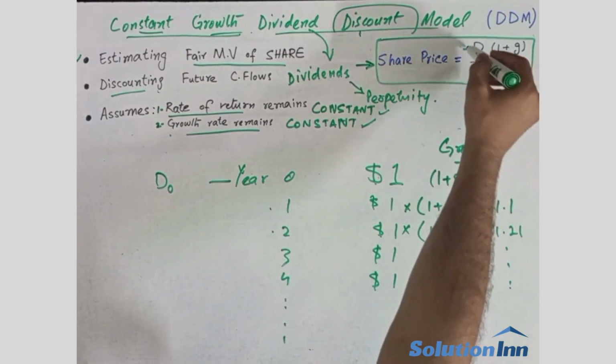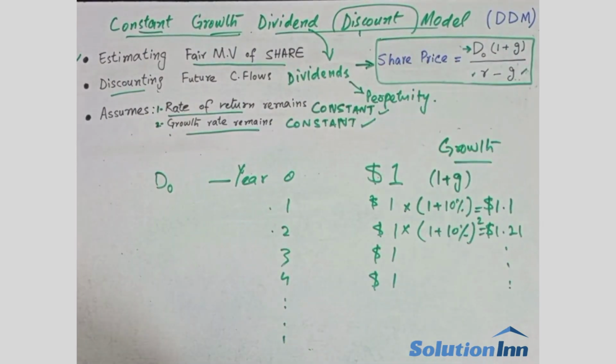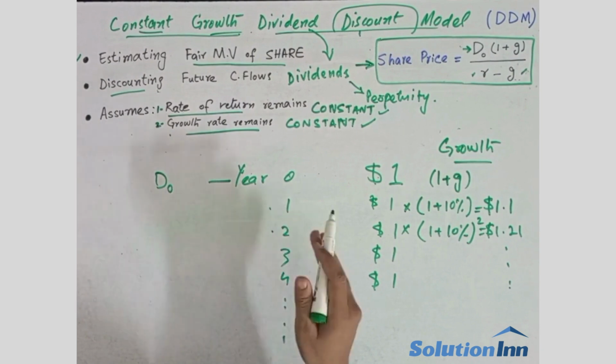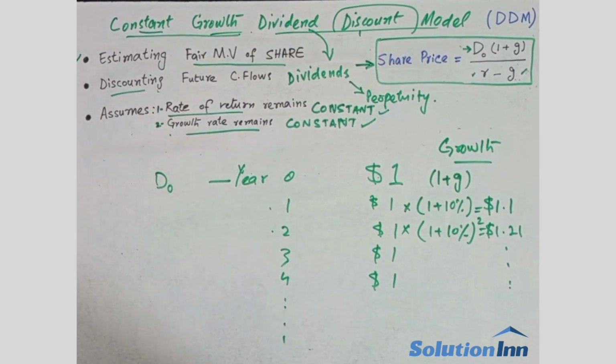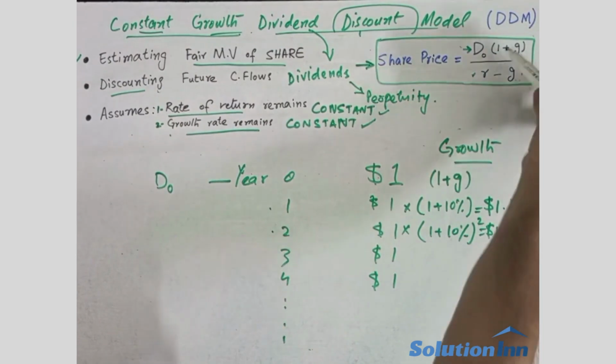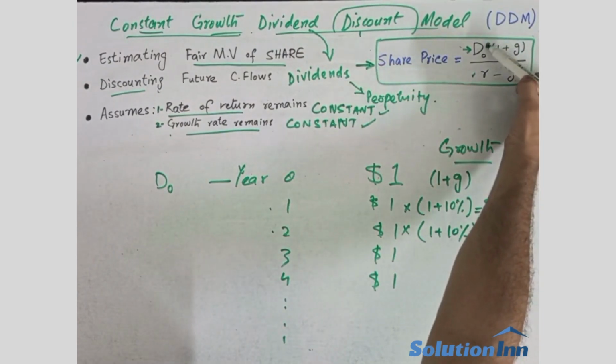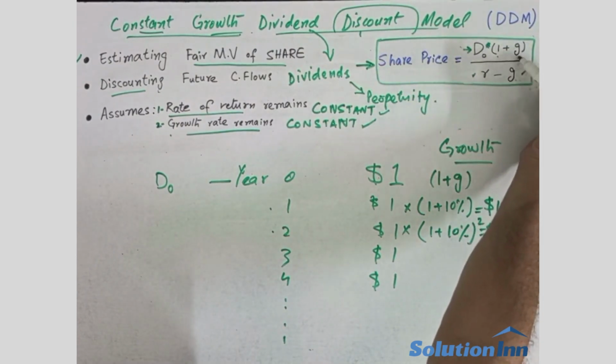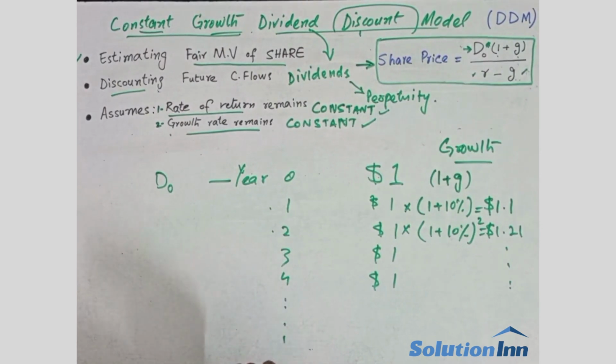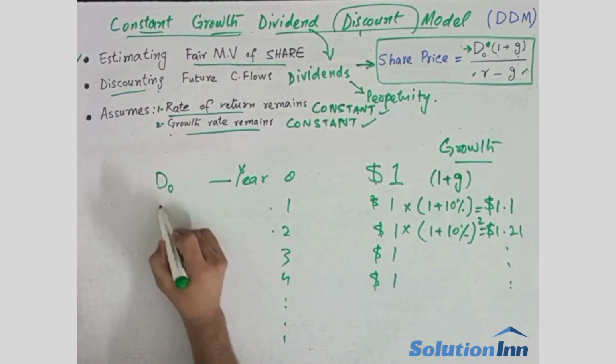That is in the formula here, because it has no growth component included in it. That's why we multiply the element of 1 plus g to it to calculate D1.